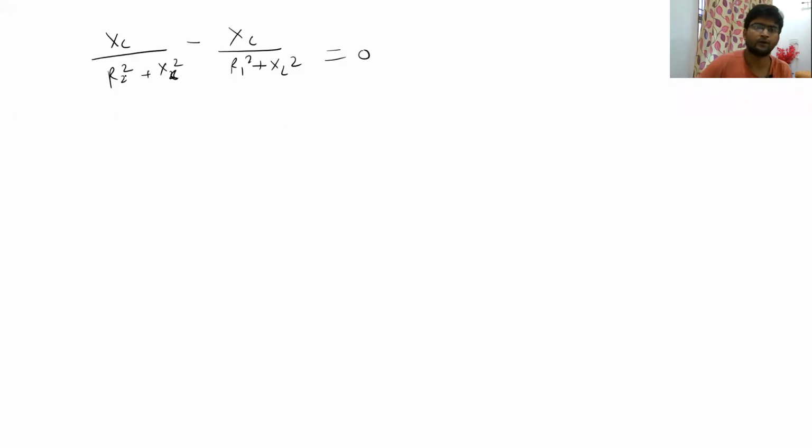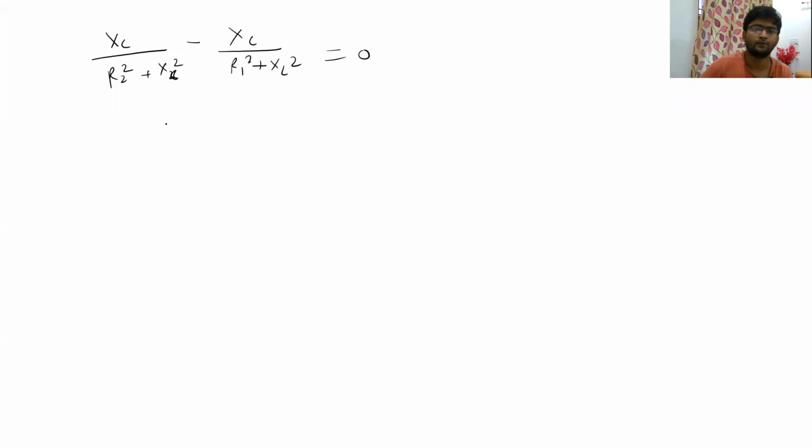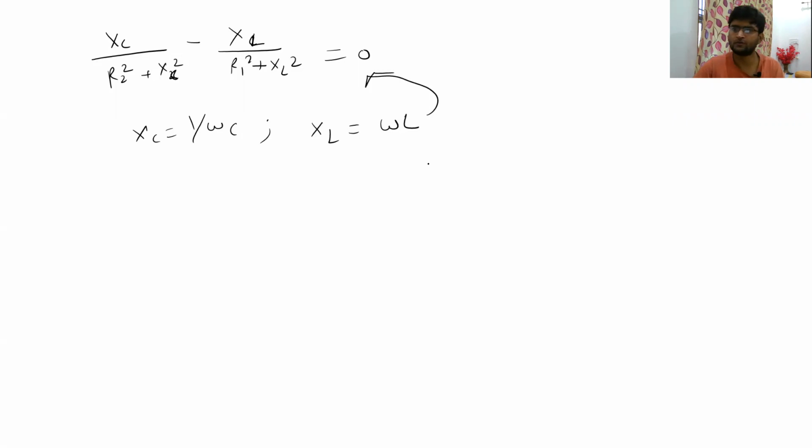So here I have written that this particular thing. You put XC as 1 upon omega C and XL as omega L in this particular equation and solve it for omega.